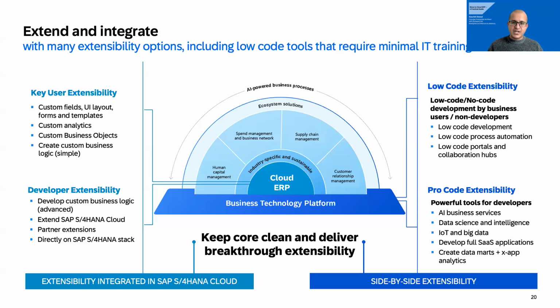And then we have the Pro Code extensibility, which offers powerful tools for developers when we talk about business AI, data science, IoT, and very complex solutions that need a separate extensible option to run.